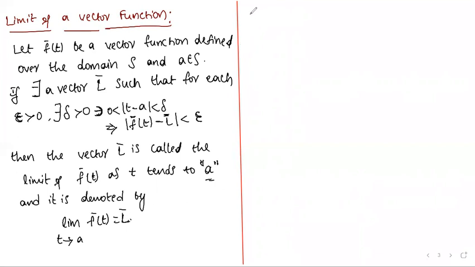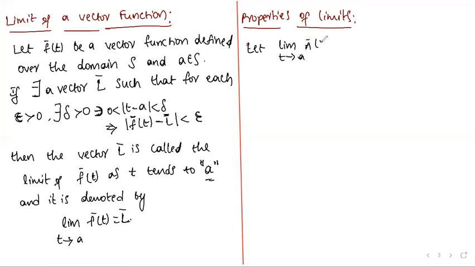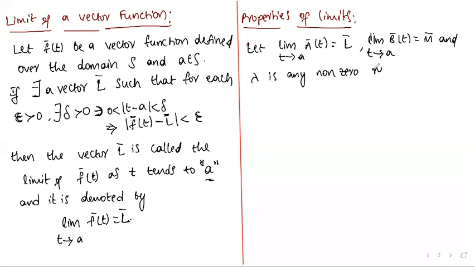And some properties of limits. Let limit t tends to a, a bar of t is equal to L bar, limit t tends to a, b bar of t is equal to m bar, and lambda is any non-zero real number.